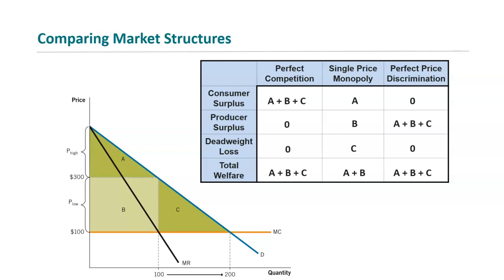But I don't care who gets it. What I care about is that it's maximized. That the total amount of surplus that can be had is being had. And that's the case whether we're in perfect competition or whether we're in perfect price discrimination. These are both examples of efficient markets, just with the surplus going to different places.